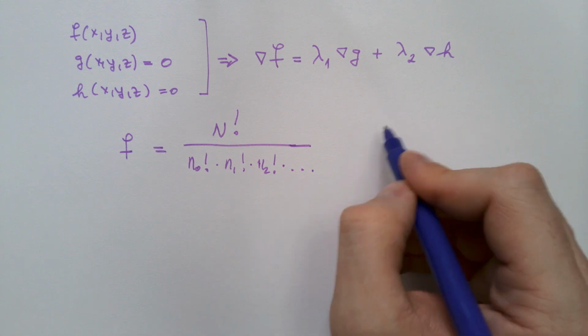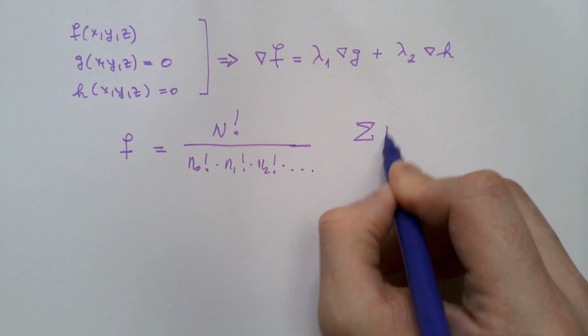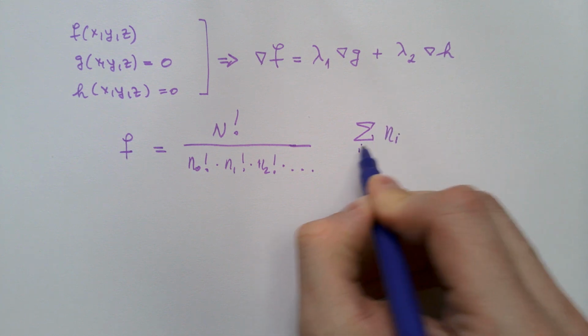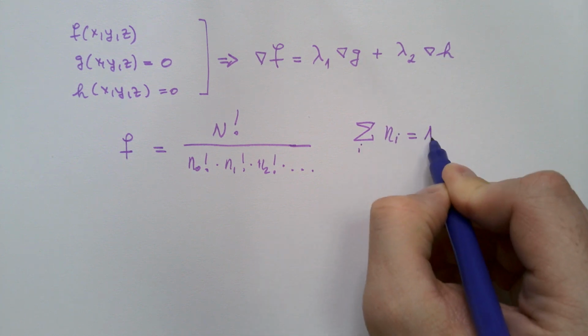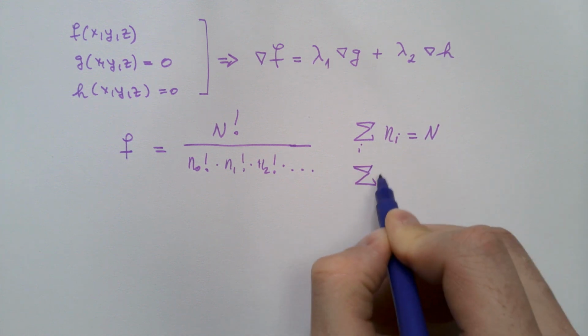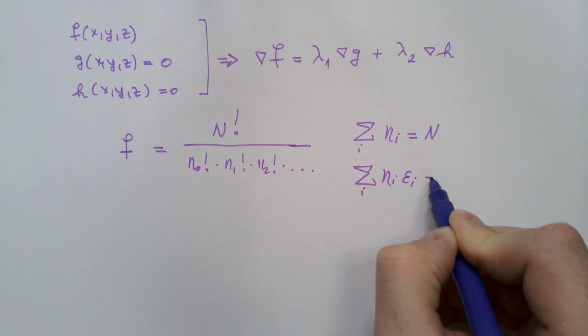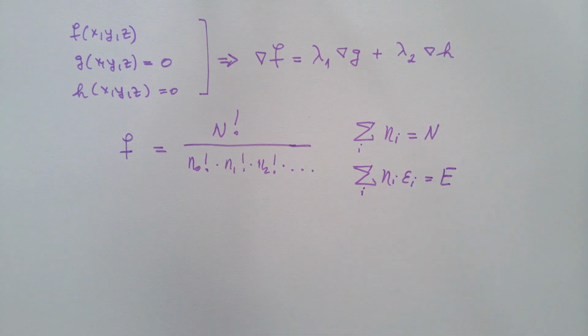And our two constraints will be that the sum of ni, and the sum is over i, needs to be capital N, and that the sum of ni epsilon i, the sum is over i, needs to be capital E.